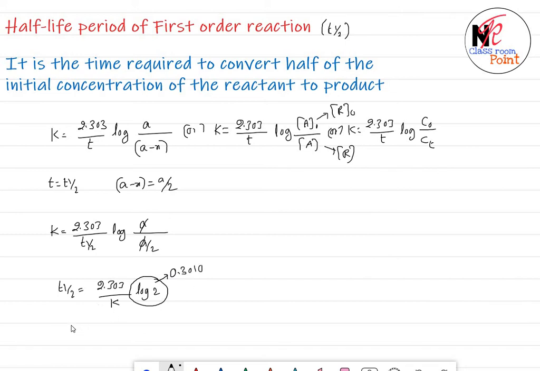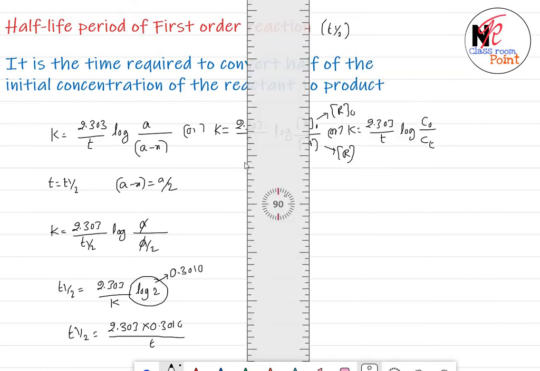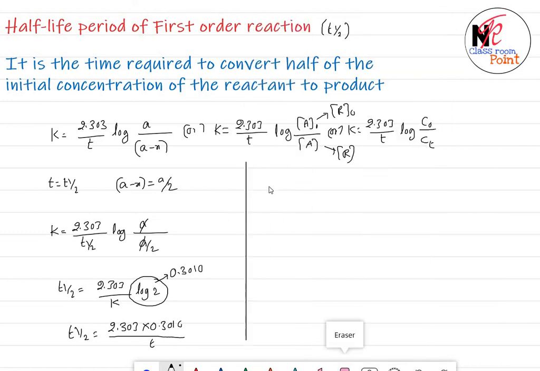So now T half equals 2.303 into 0.3010 divided by K, and finally here we'll get the answer, exactly, T half equals 0.693 divided by K. This is the half-life period of the first order reaction.